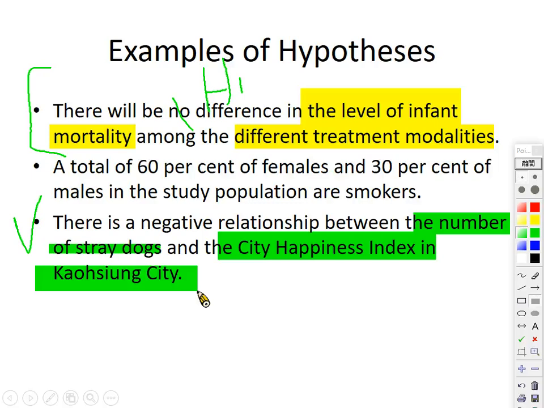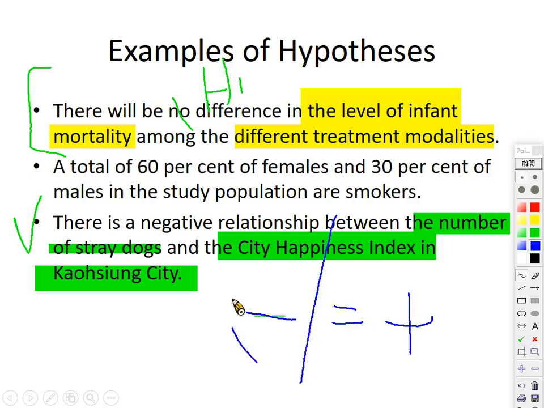The opposite side of the research hypothesis is that there is not a negative relationship. Why is it not a positive one? Because there is a negative relationship, a positive relationship, and an equal relationship, right?